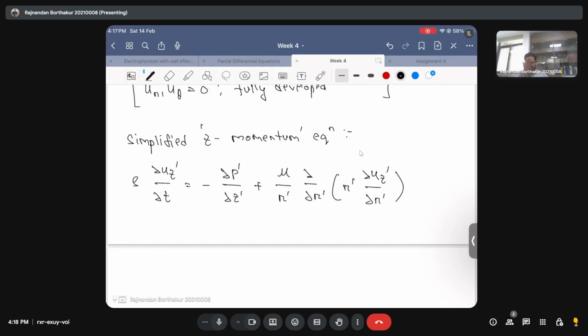That's the simplified Z momentum equation, and I know that this quantity, del p by del z, is equal to some g naught cos omega t prime, which is typically given in your problem.